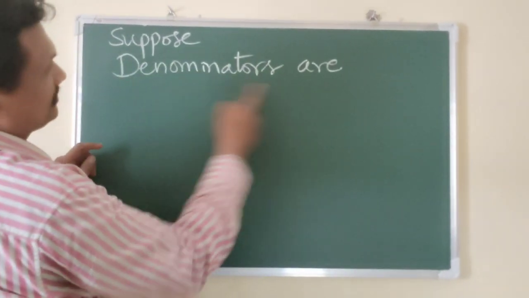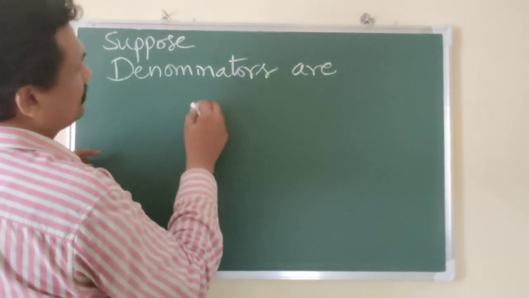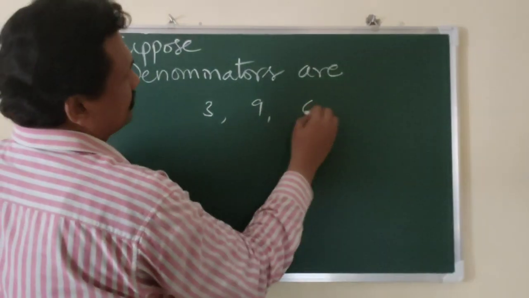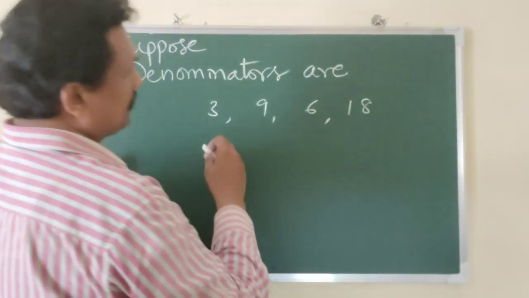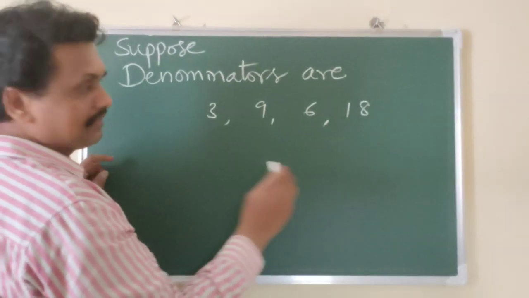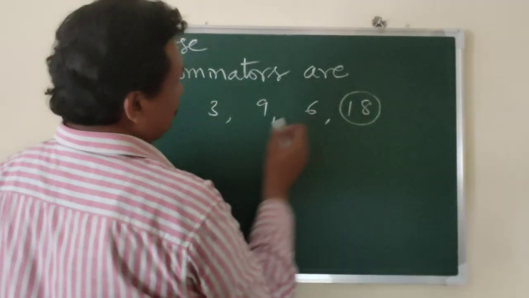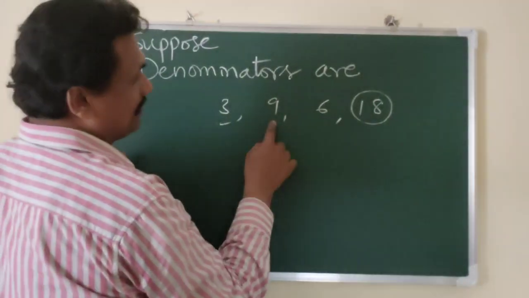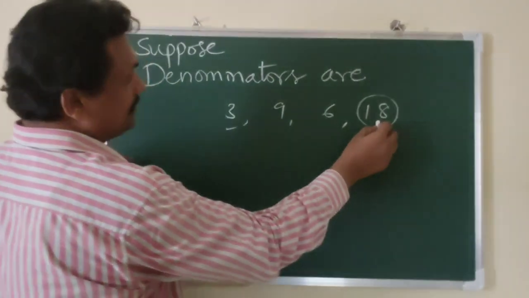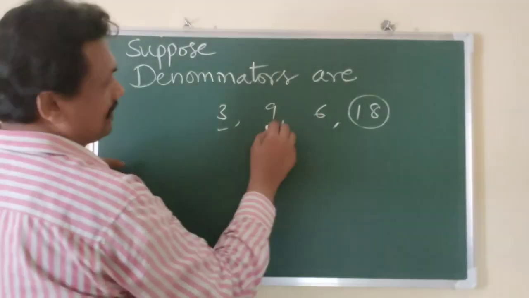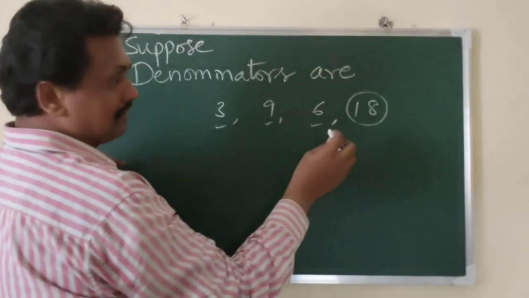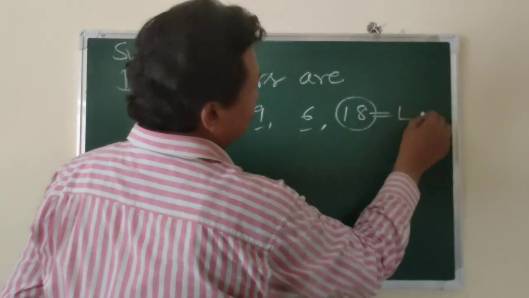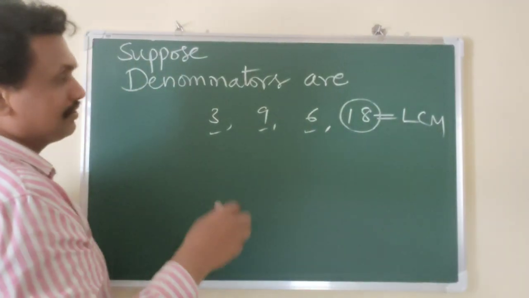Suppose the denominators are 3, 9, 6, 18, as we discussed. The big number is divisible by all the small numbers: 18 divided by 3, 18 divided by 9, 18 divided by 6. So this big number is the LCM.